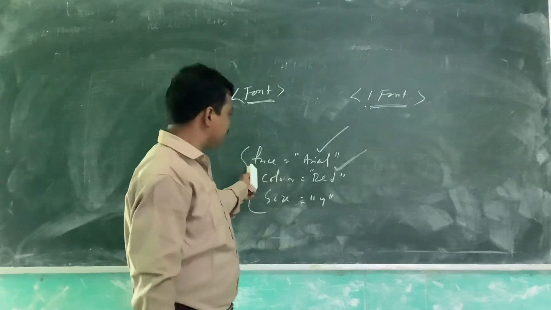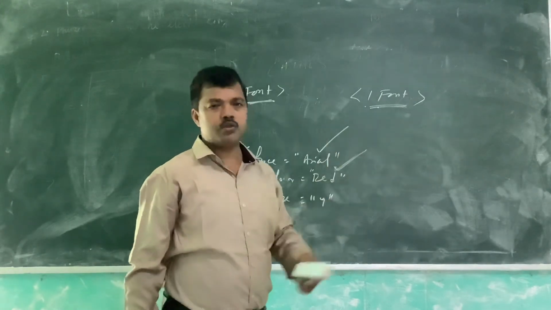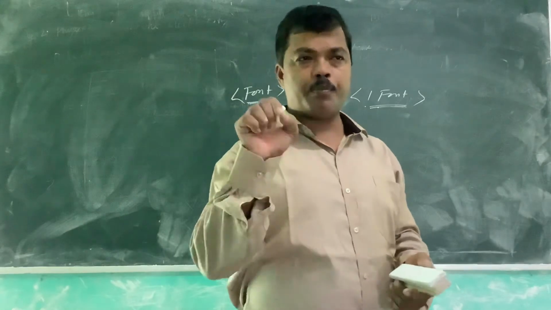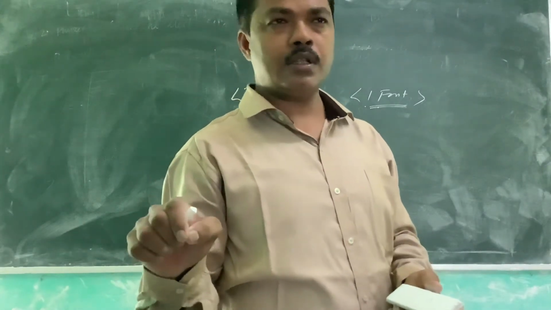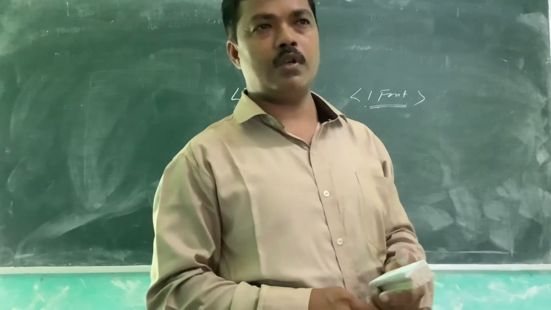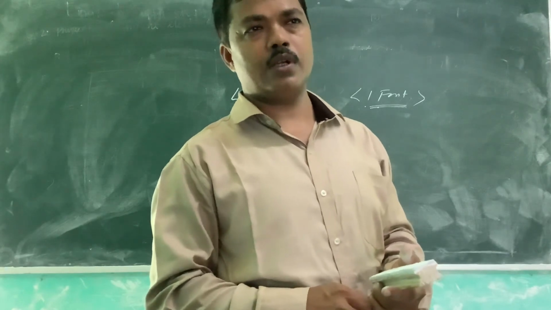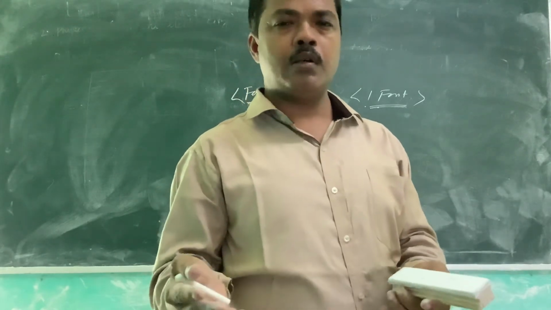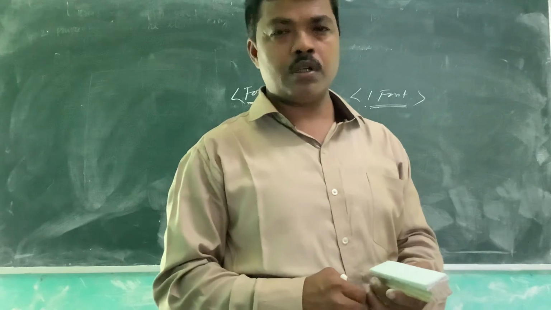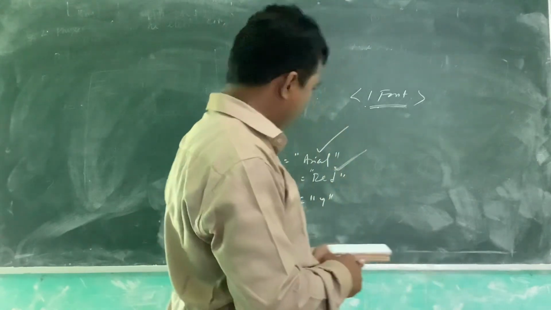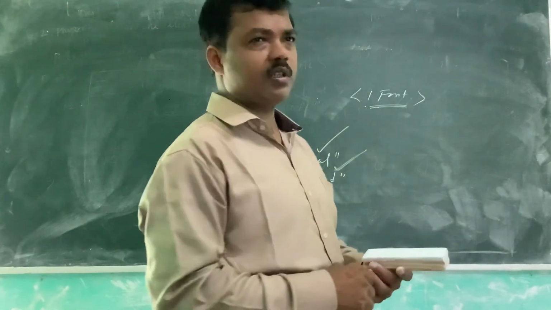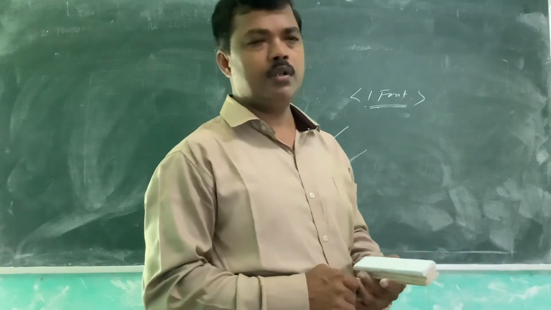One is face. The face attribute is used to give the font type. That means what type of letter will appear: Arial, Times New Roman, Book Antiqua, Garamond, Comic. So there are so many fonts available in MS Word.